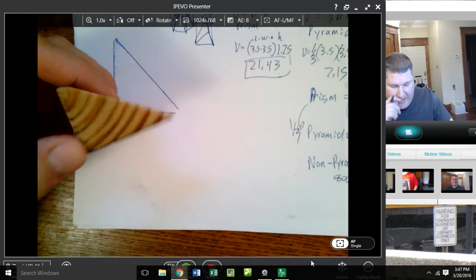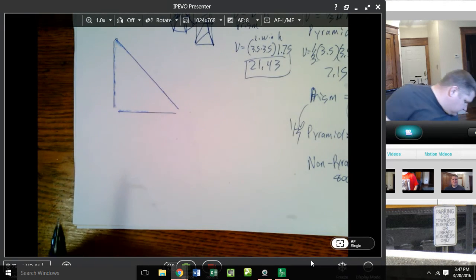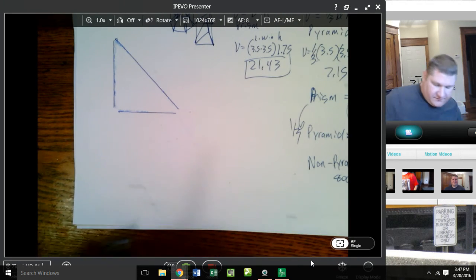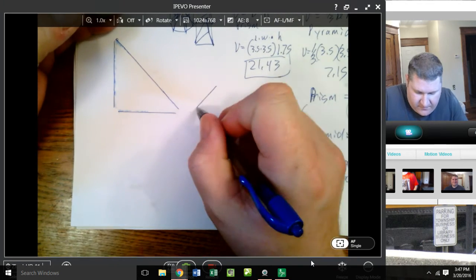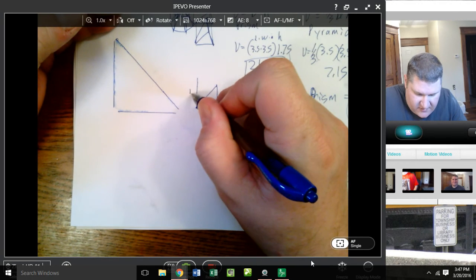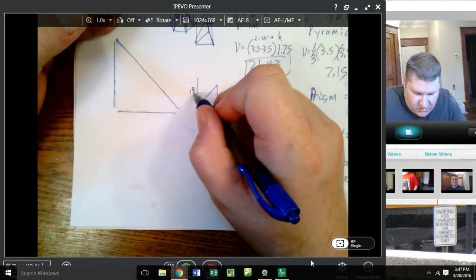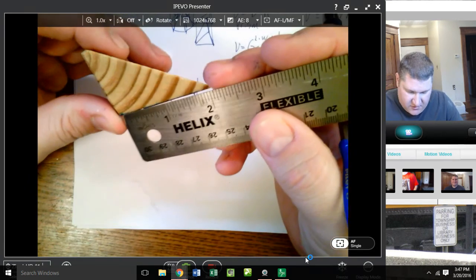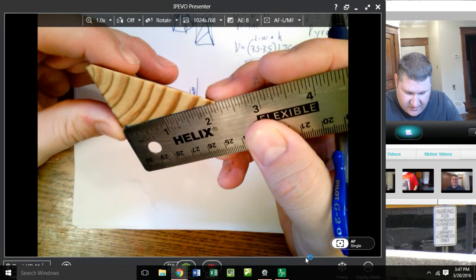We also knew that the block that it came out of was 1 3/4, so it should be 1 3/4 tall. In fact, that's right, because it goes cut through.